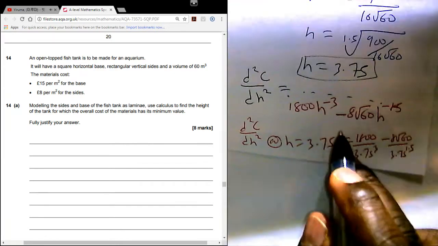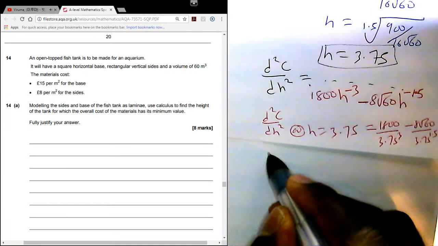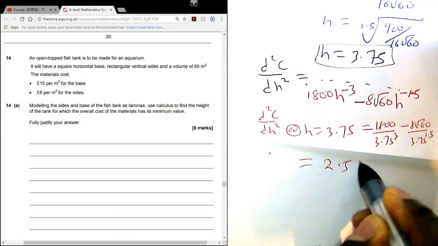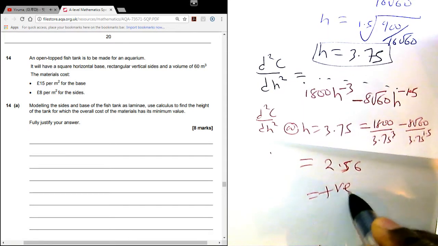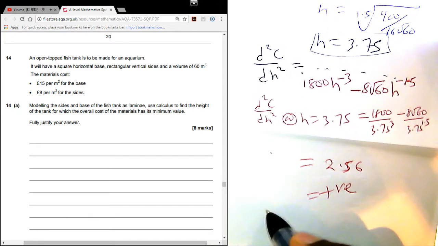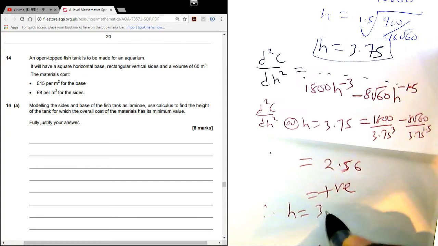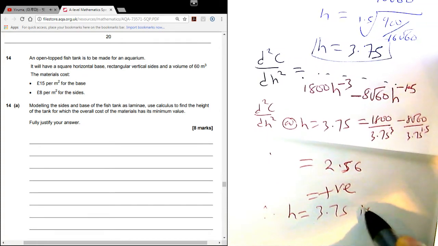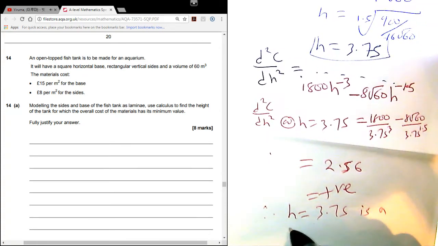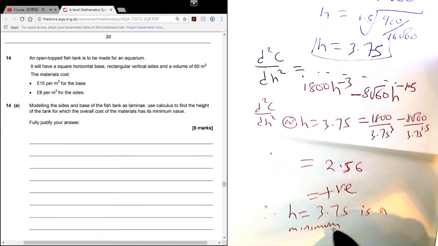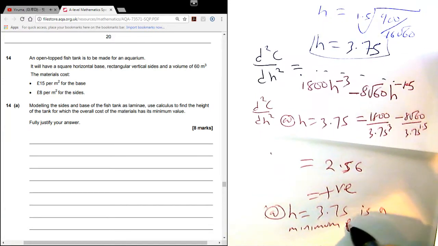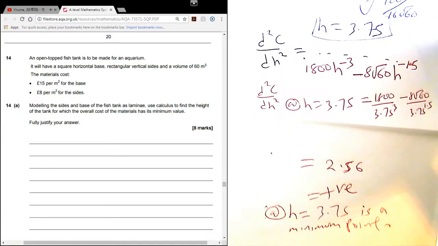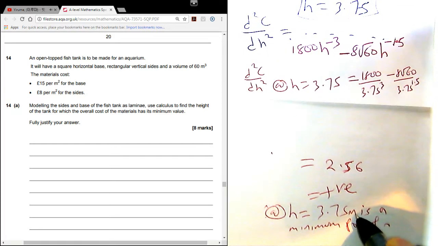So this gives 2.56. It's positive, and because it's positive, therefore h equals 3.75 is a minimum point. And that's the answer. And that's in meters, so you need to keep it as meters.